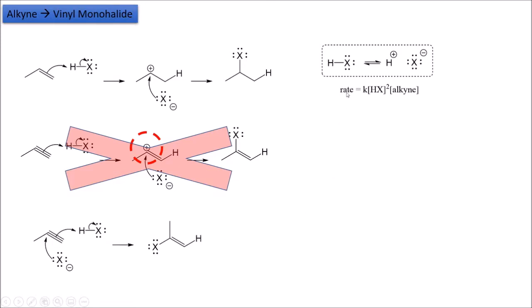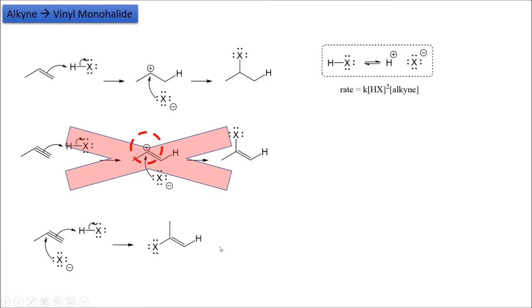The rate of this reaction experimentally is equal to some experimentally derived rate constant times the concentration of your halogenic acid squared, meaning that 2 of them are involved in this rate determining step, times the concentration of the alkyne. There is some debate as to whether or not this third order reaction is probable. And your current version of the textbook actually doesn't show a mechanism, I don't believe, because it just kind of gives up on the debate.